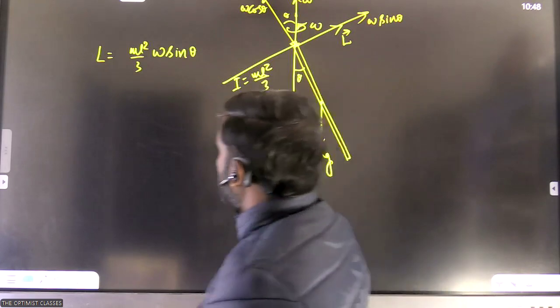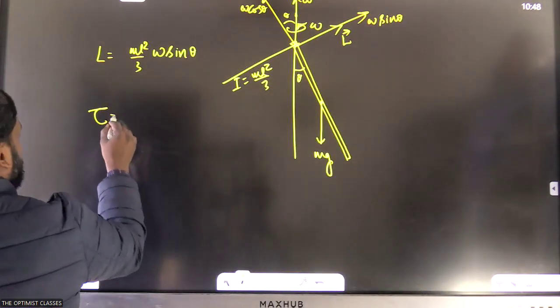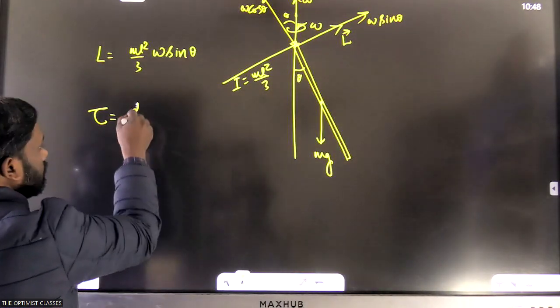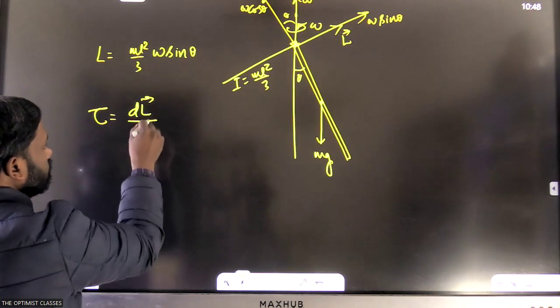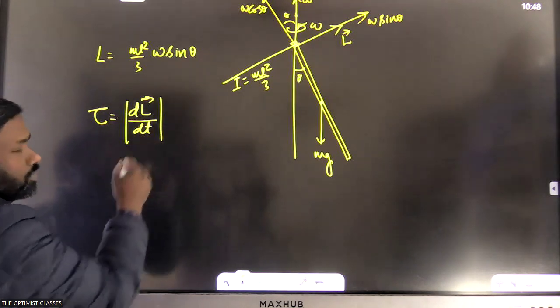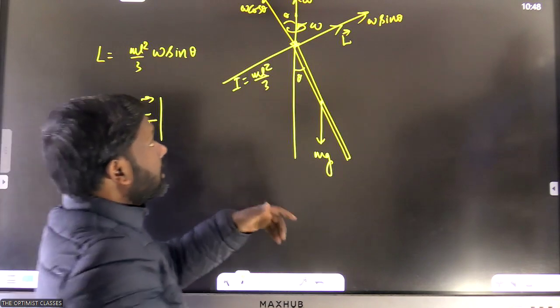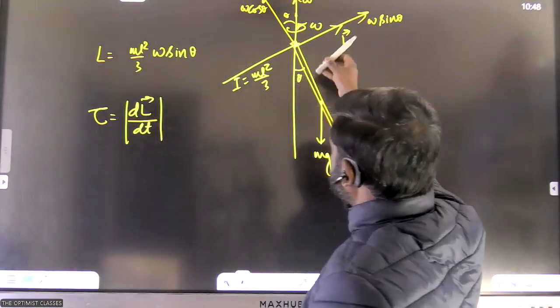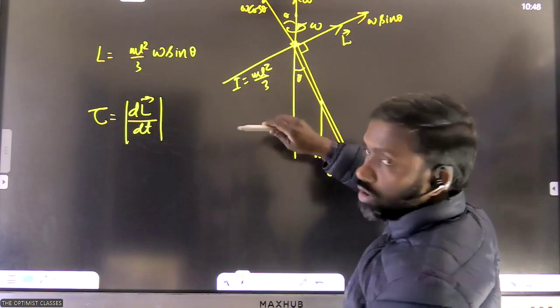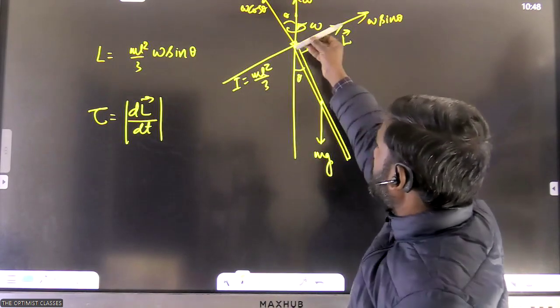Now if you calculate torque, we know that torque is equal to the rate of change of angular momentum. This is the magnitude of torque. Here you see, when the rod rotates, angular momentum is perpendicular to the rod. Right now the rod is here, so angular momentum is in this direction.